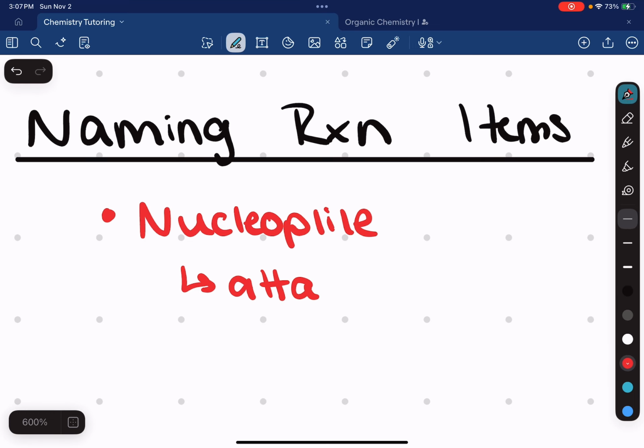Because it loves like the nucleus of an atom, and the nucleus of atoms has the protons and the neutrons, right? Neutrons are neutral, protons are positive, so they love the positive charge. Attacks positive charge.